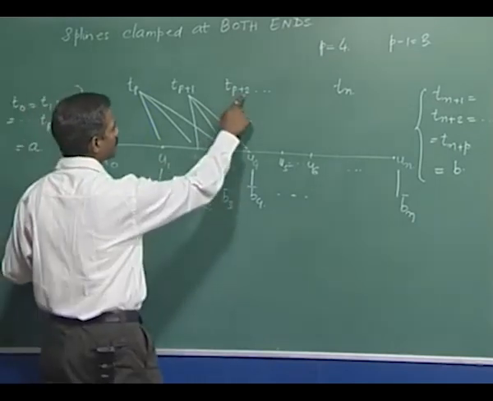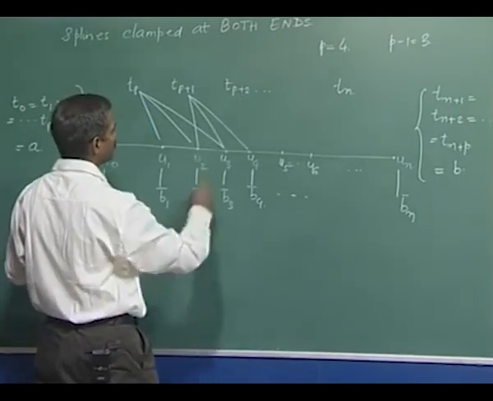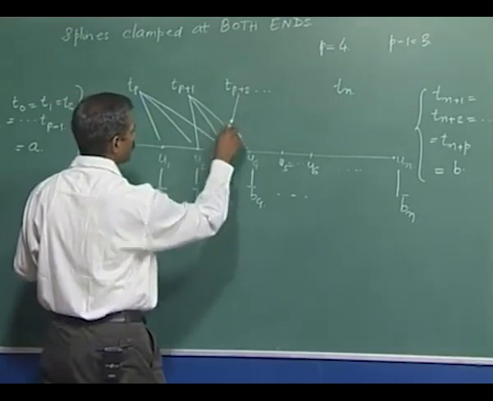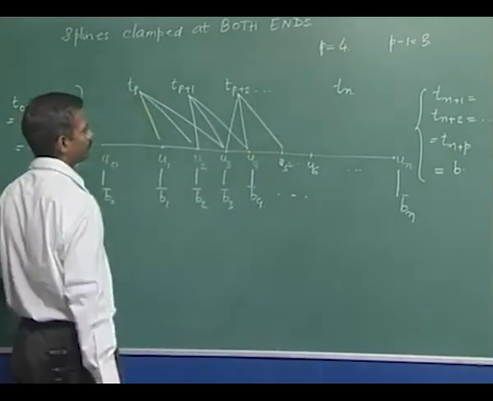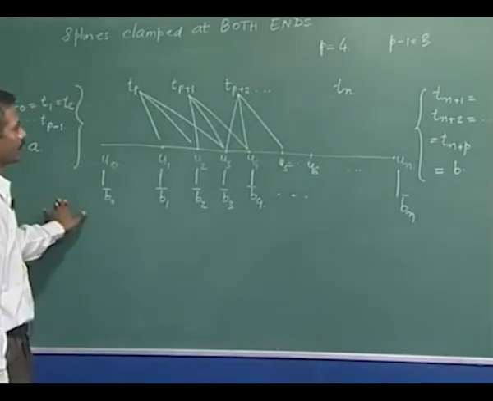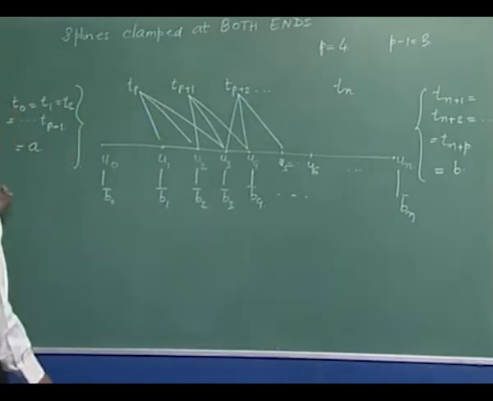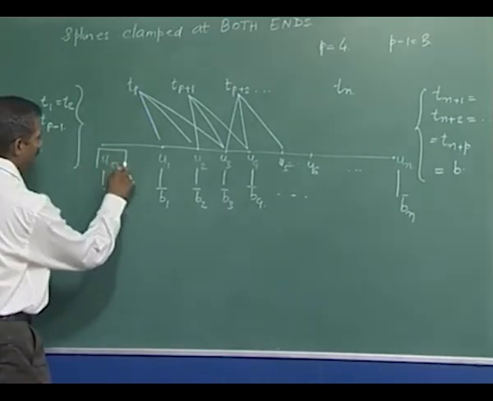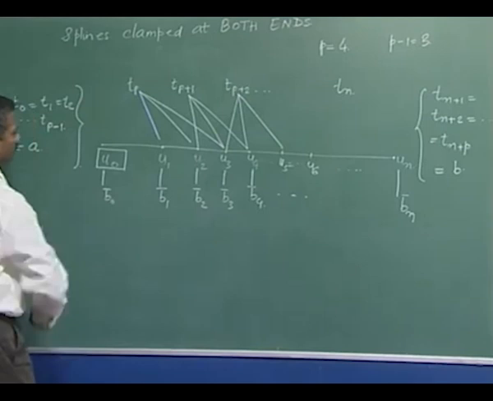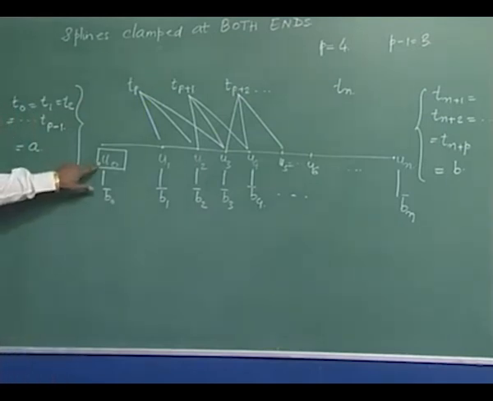Tp plus 2 will be the average of u3, u4, u5 and so on. Notice that I have not used the first parameter value u0. I have started from the second parameter value.